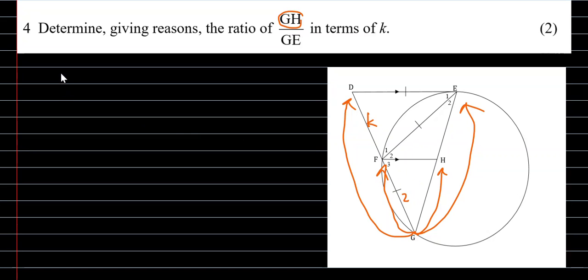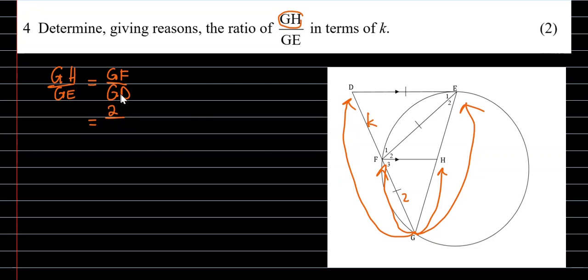So therefore we can just say GH over GE is equal to GF over GD. Then you know that GF is 2.